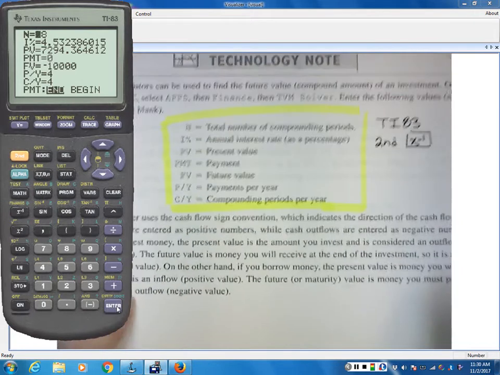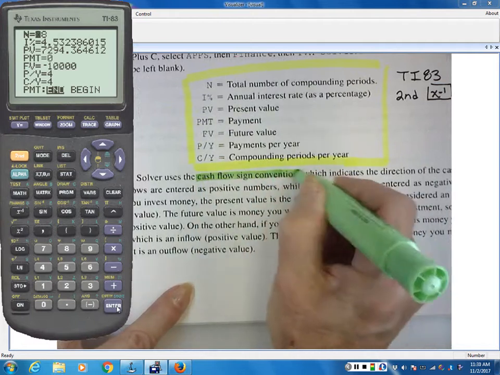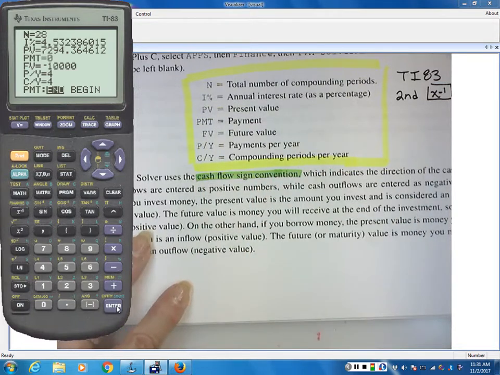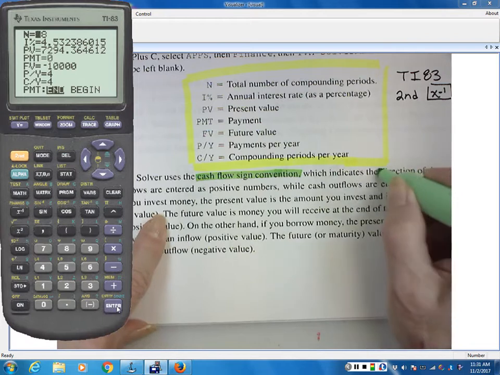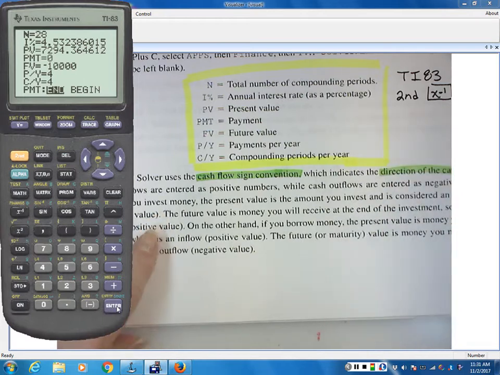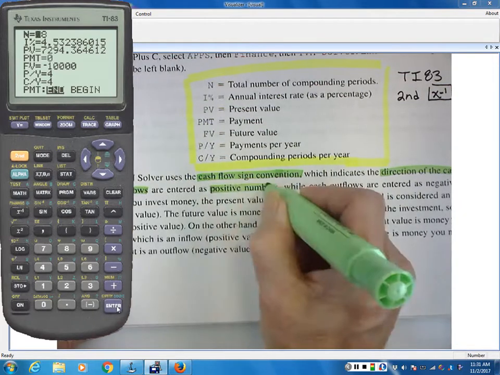The TVM solver uses something called cash flow sign convention. You may have talked about this in accounting, or maybe in a different class. But what we're talking about is the direction of the cash flow. Are you paying in, or is it paying out? Are you putting money in, or are you receiving money? Cash inflows are entered as positive numbers.